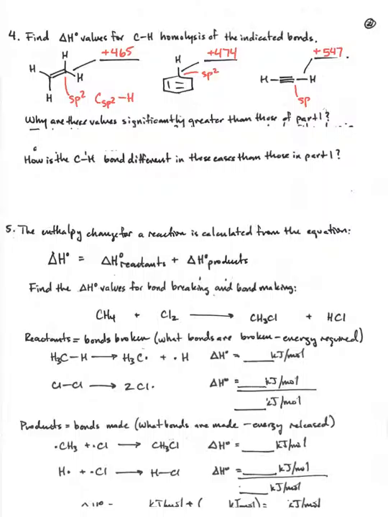So in the problem molecules in problem 4, the radical itself is ending up in either an sp2 or sp hybrid orbital.